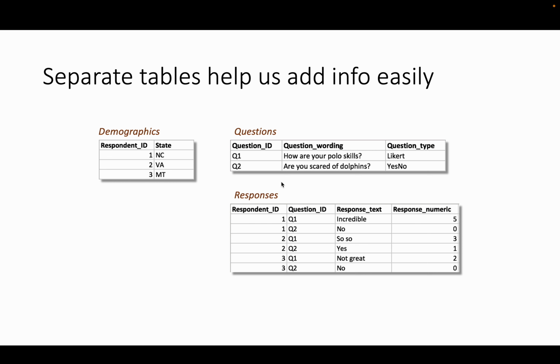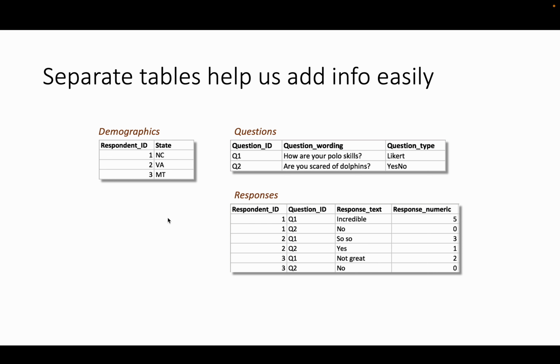And what that helps you do is it can then hold things like, what's the wording for the question? Maybe what's a short wording for the question if the question wording is quite long. It can also hold things like what type of question it is, because yes/no types of questions might require a different type of visualization, or you might prefer a different type of visualization than Likert scale questions or check all that apply sort of questions. Okay, so having a separate table helps us update that information and keep track of it separately and not have to have it all in one table. Okay, so that's often really handy.